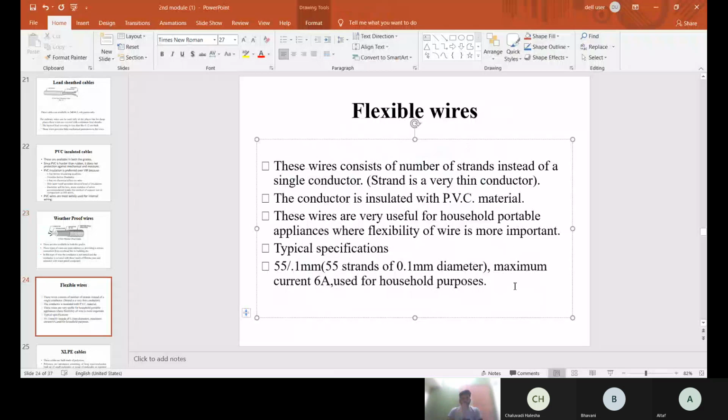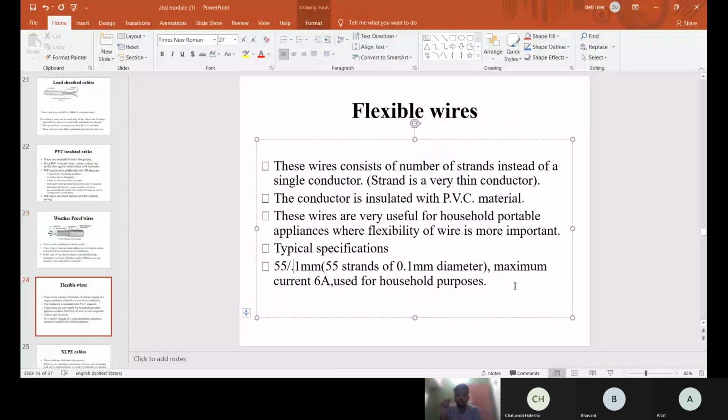Before going to wiring, we have to make sure that the wire is able to withstand the maximum current and minimum current, under-current and maximum overcurrent also.